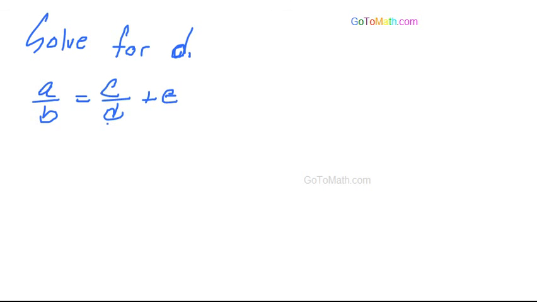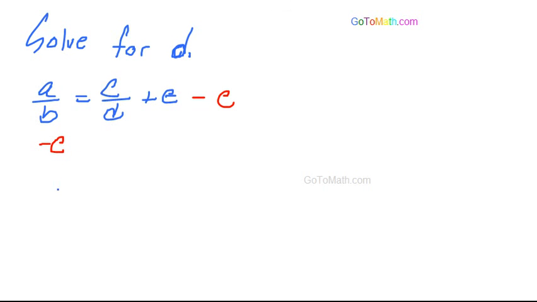What are we going to do here? Let's just go ahead and take this E to the other side. That means we're going to be subtracting E from both sides.